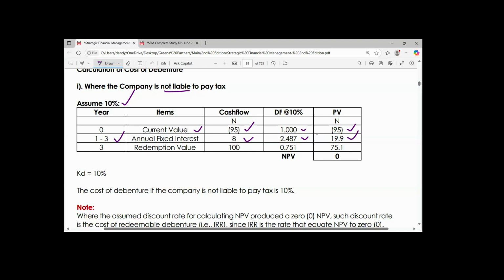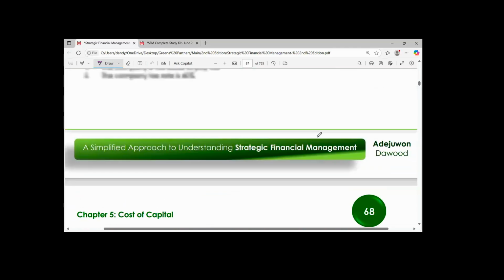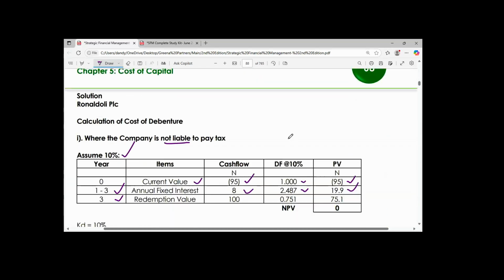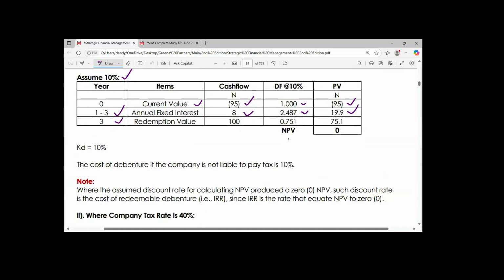Then finally, in year 3, there is a redemption value. We are told that this debenture will be redeemed at par on the 1st of January 2022. At par means 100 naira.